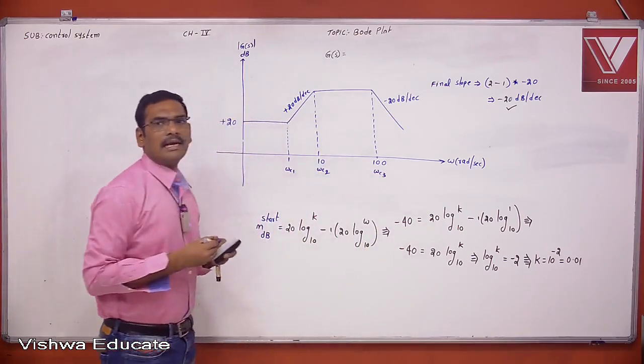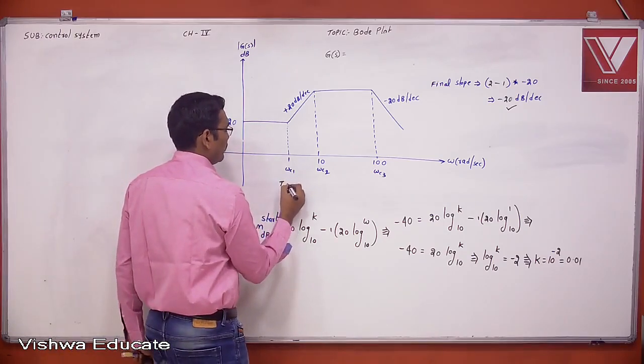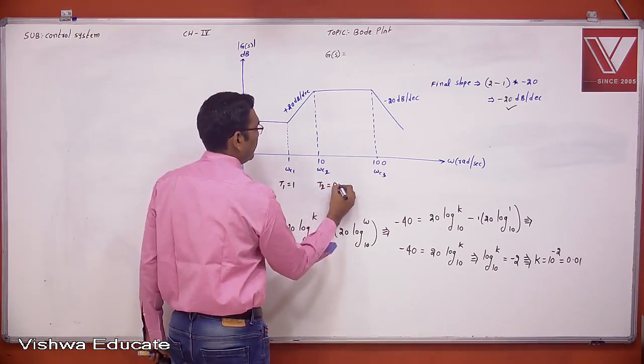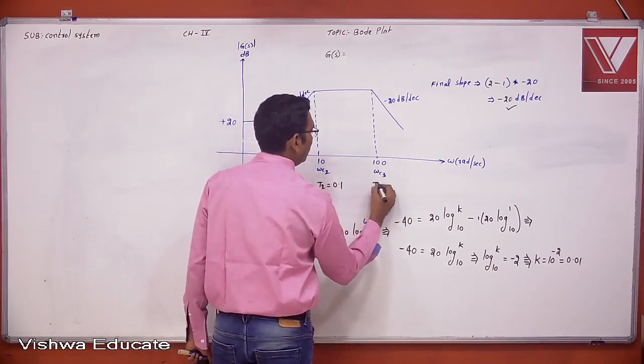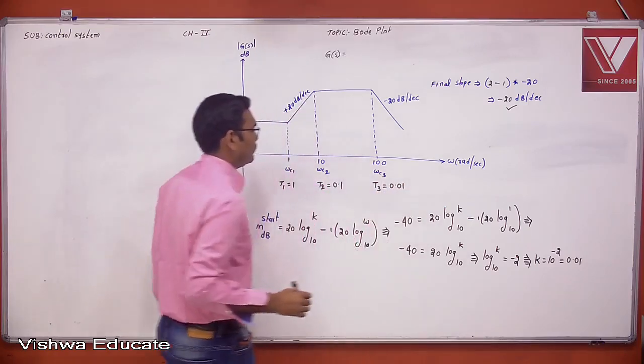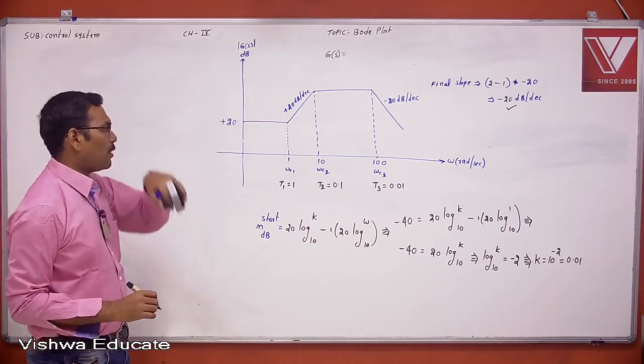Time constant and corner frequency are inversely proportional. T1 is 1 by omega C1, T2 is equal to 1 by omega C2, which is 0.1, T3 is equal to 1 by omega C3, which is 0.01.